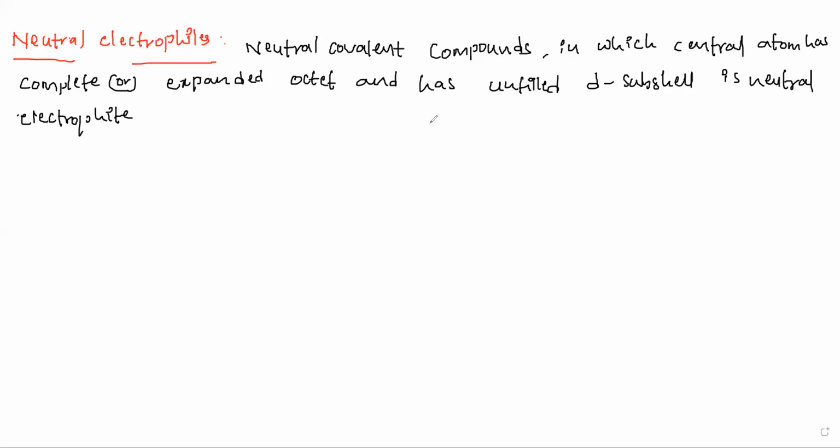That means the central atom has an octet or else expanded octet, and it will have unfilled d subshells. Such compounds are called neutral electrophiles.